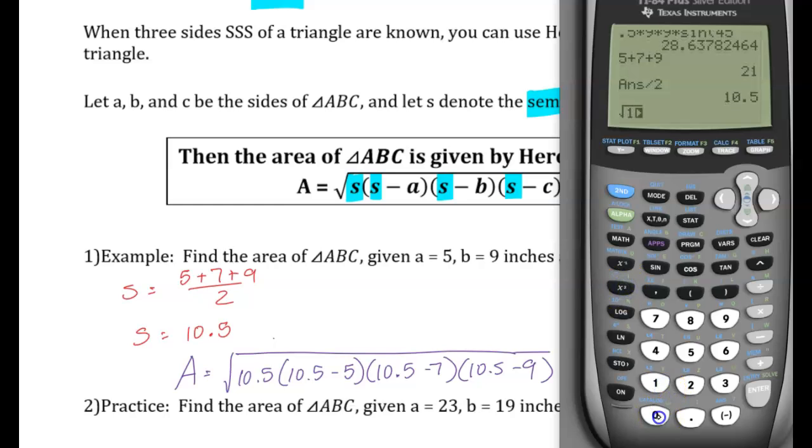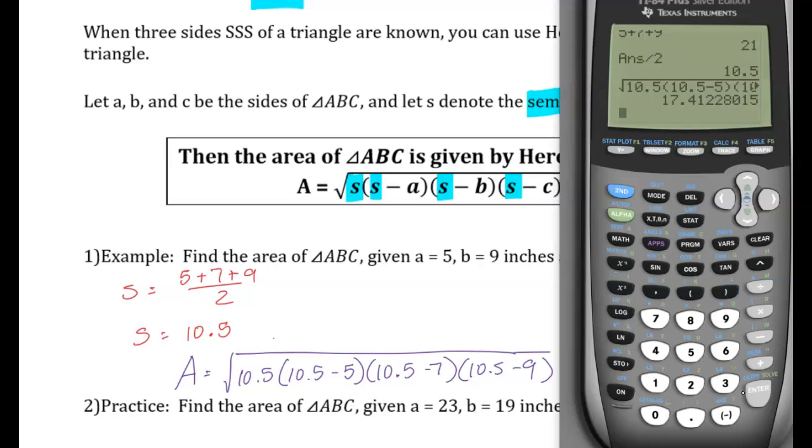So we have 10.5, 10.5 minus 5. Could we do some of the simplification prior to putting it in the calculator? Most likely. Am I being lazy right now? Yes. 17.41. And you're done.